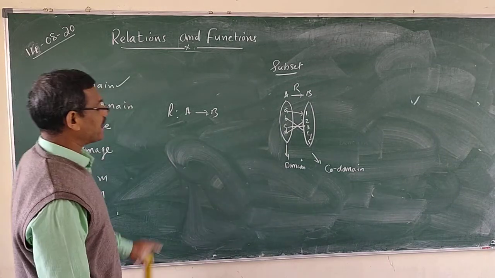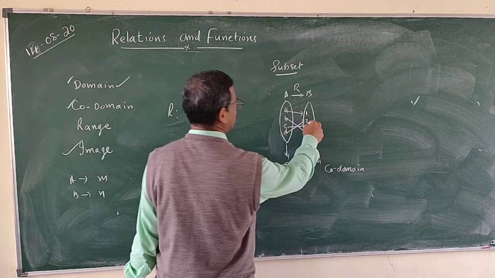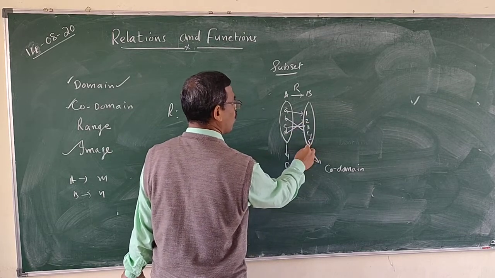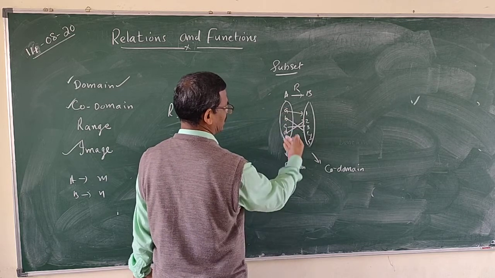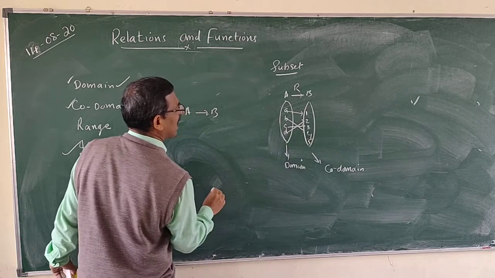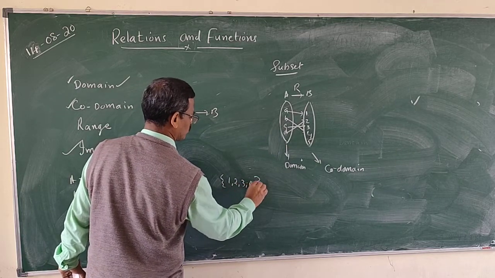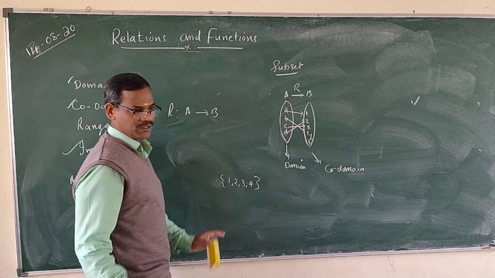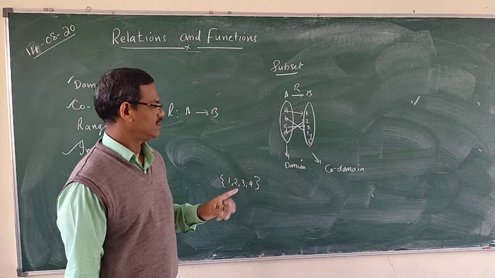Now the next is range, the range of a function. Now you can see that here except 5, all elements are having a connection, pre-connections you can say, except 5. So the range of this R is the set 1, 2, 3, 4. 5 will not come. So we can see the range is a subset of the codomain.